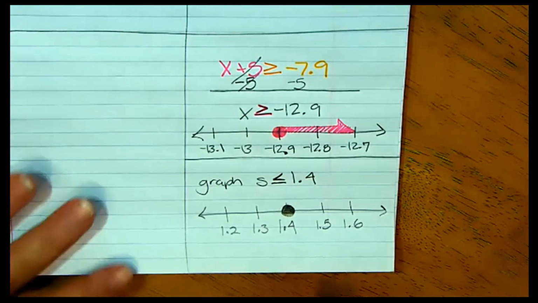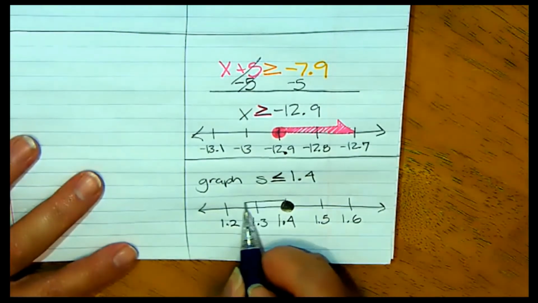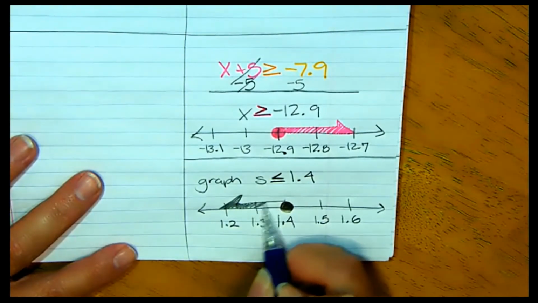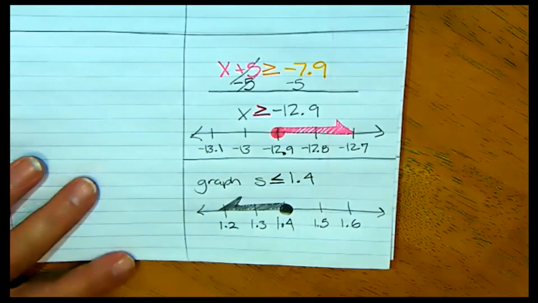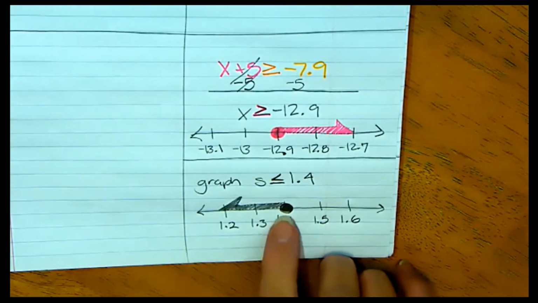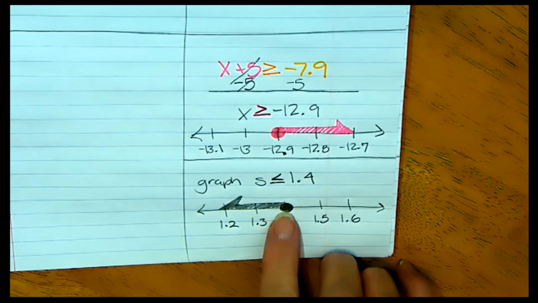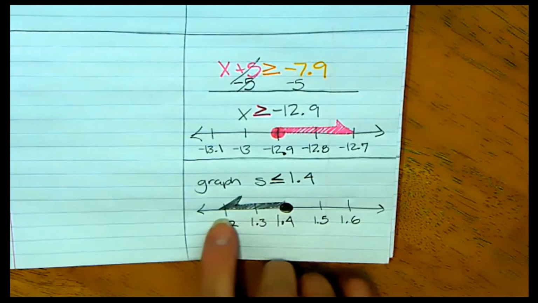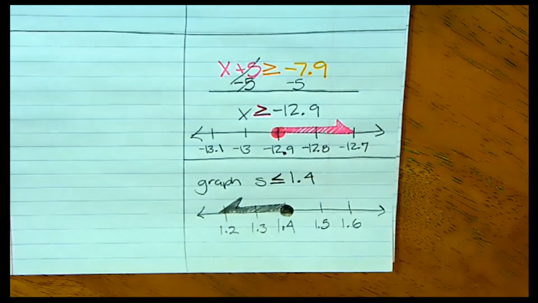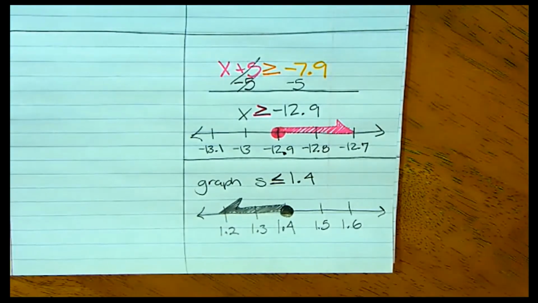So less than means I want everything to the left. So that means 1 4/10 is part of the solution because it's a closed circle, and everything to the left is also a solution for this inequality.